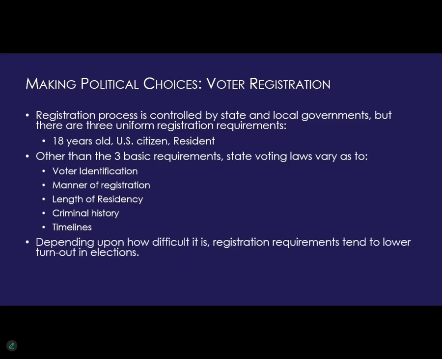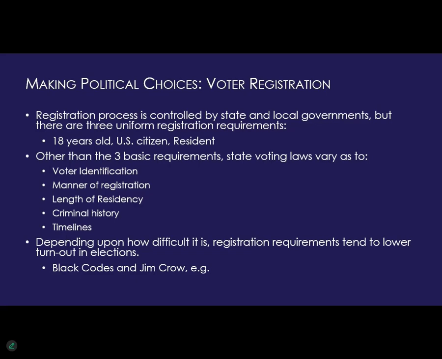The overall goal of any democratic society is obviously to have high voter turnout, high engagement by citizens in the voting process. But registration laws can make it much more difficult for people to vote and will decrease voter turnout. We already studied the effects of black codes and Jim Crow laws in the South that interfered with voter registration by African Americans.